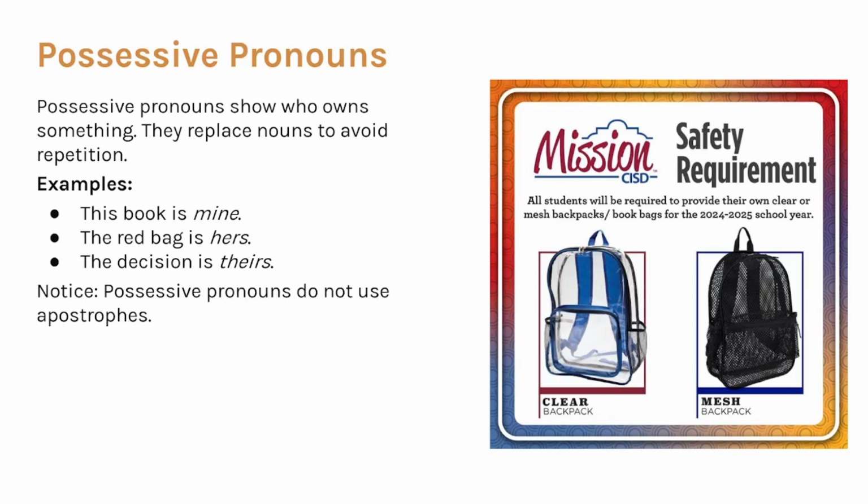If you say, whose book is this? It is mine. Whose bag is this? It is hers. Whose decision is it? It is theirs. Possessive pronouns do not use an apostrophe. We will go to pronouns that use an apostrophe later, but possessive pronouns do not. They are just written like that. They show possession, what belongs to someone.